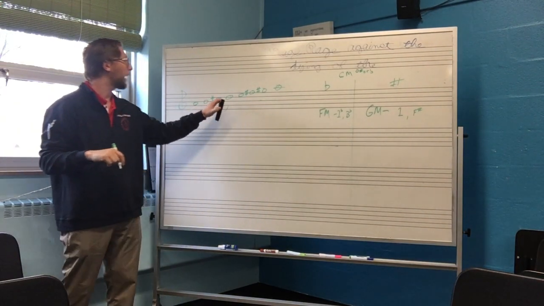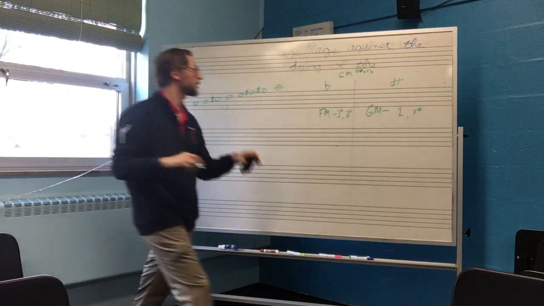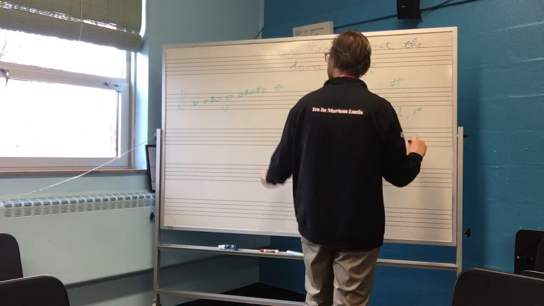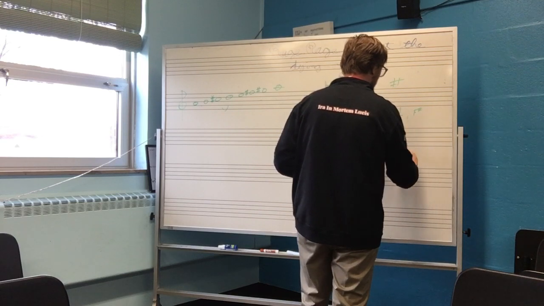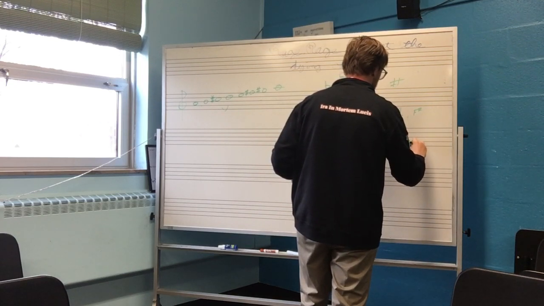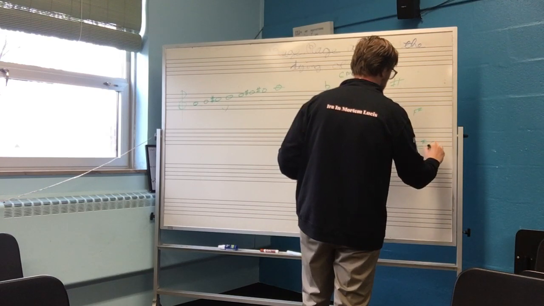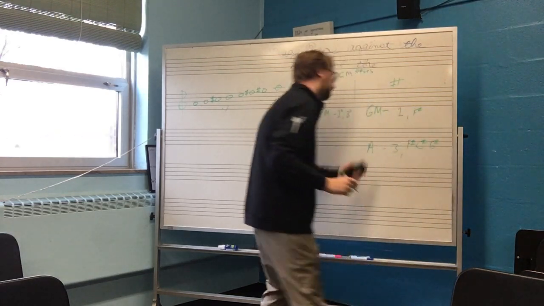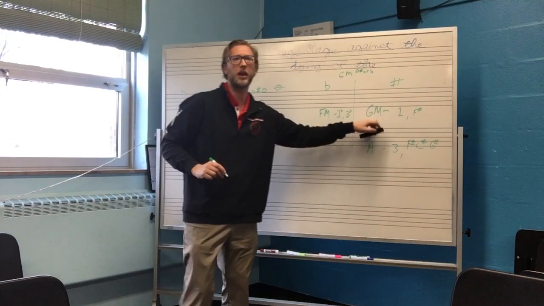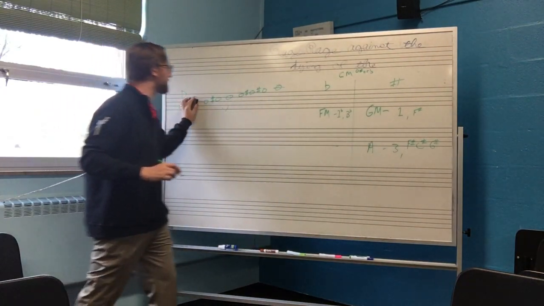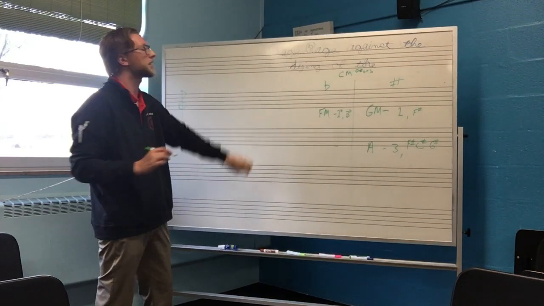What are they? 1, 2, 3. So A gives me 3 sharps. They are, oh look, an F sharp, a C sharp, and a G sharp. There's 3. So there's probably a major scale that has 2 sharps. Agreed? It's just like data collection. We'll see if there are any trends that develop.